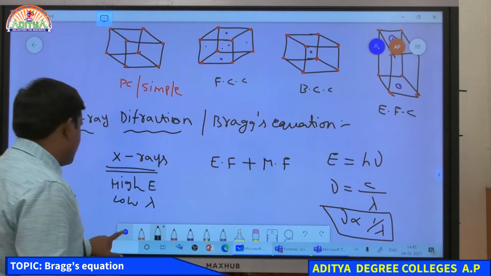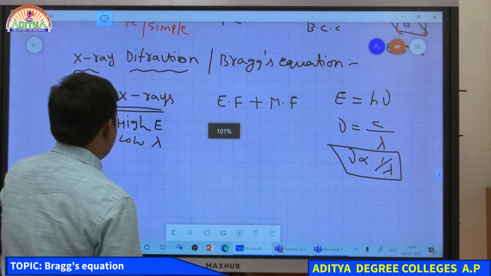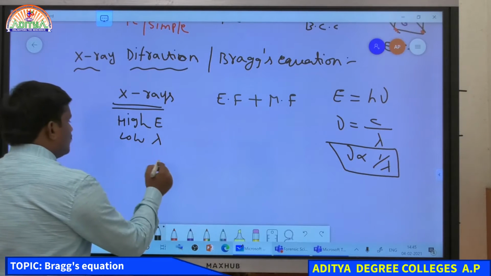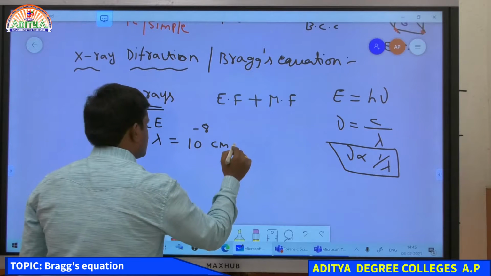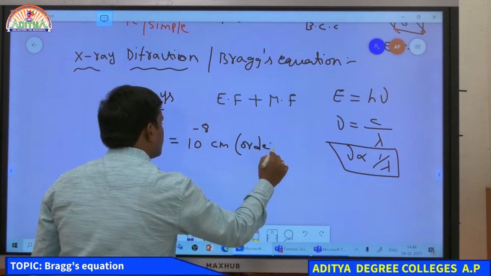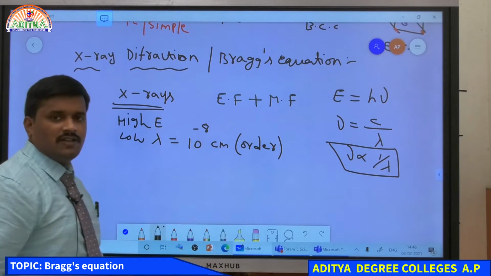So the wavelength of X-rays is in the order of 10 power minus 8 centimeters. So this is the range of wavelength of X-rays.